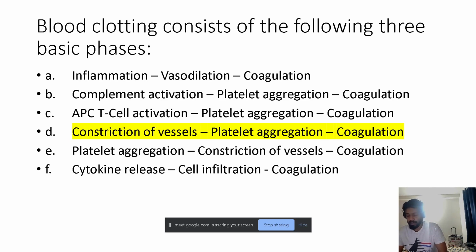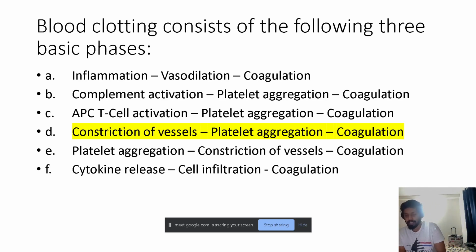So what happens as soon as you get blood? Blood clotting usually happens when you have a leakage in your blood tissue, right? If you have a leakage, the first thing that needs to happen is the constriction of the blood vessels, or vasoconstriction. Vasodilation is the expansion of blood vessels, and vasoconstriction is the constriction of blood vessels, right? So you'd want less blood to flow out of the leakage.